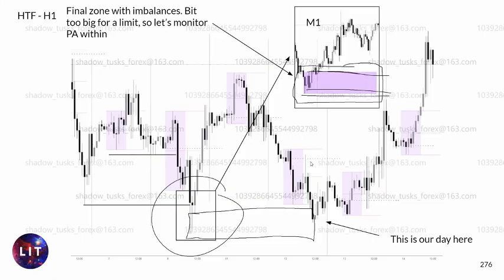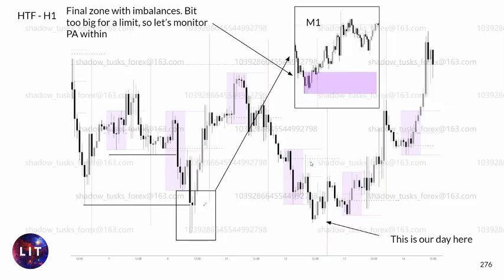To be honest with you, this is not something that I would play with a limit, especially because it lies on previous day low. So it's much better to play the reaction, play the build-ups, but have this as that additional confluence within the intraday. So let's go and see how that looks.